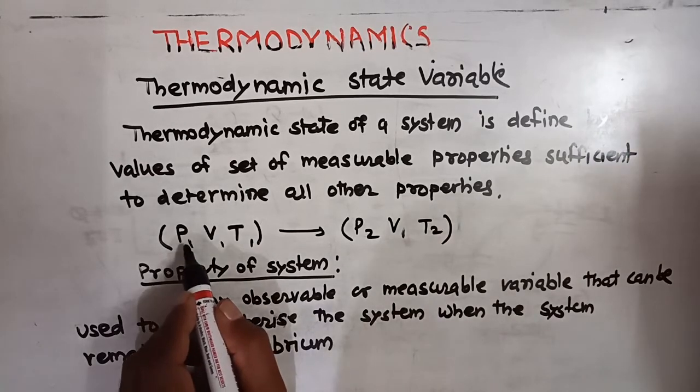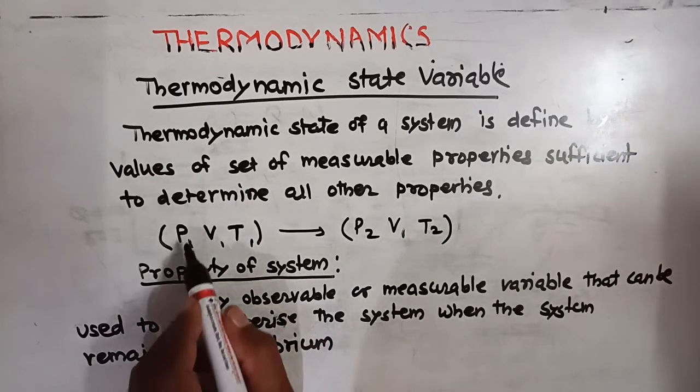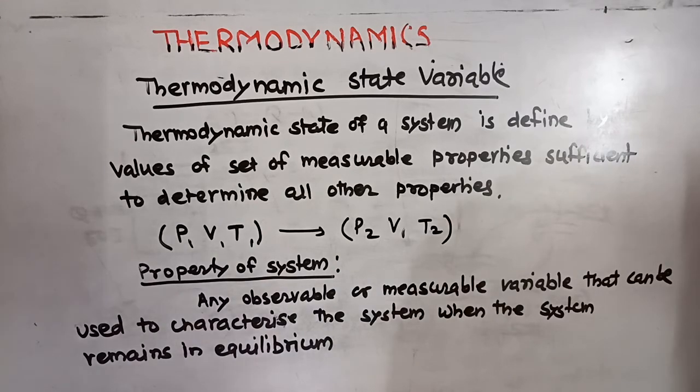These are the observable variables, the measurable variables, and they are used to characterize the system. With the help of these measurable variables, one can characterize the system when that system remains in equilibrium.